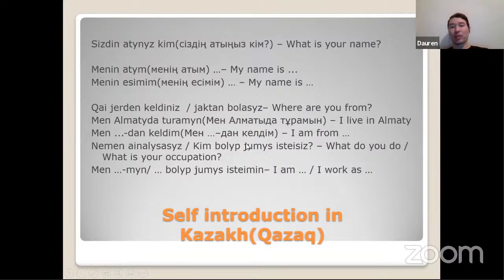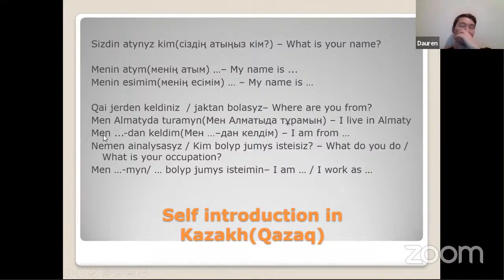Just say I live in Almaty, like мен Алматыда тұрамын. Or you can say мен, the country's name plus дан, келдім. I am from, let's say, Turkey. Мен Түркиядан келдім. I am from Turkey.